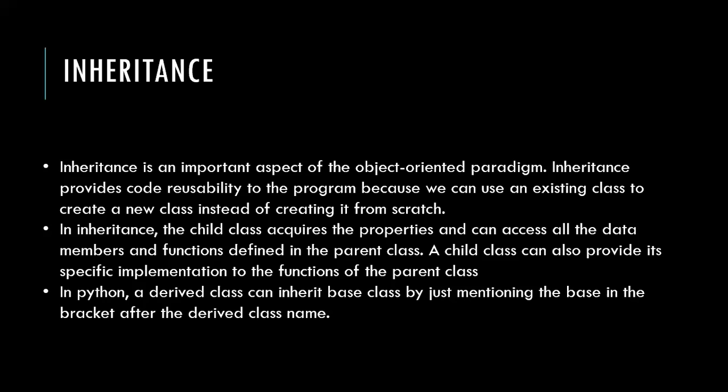A class that can inherit another class and use its functionality. That means one class can use the functionality of another class. The class which is using the functionality of the other class is called child class. The class which is giving the functionality to the child class is called parent class. That's all.